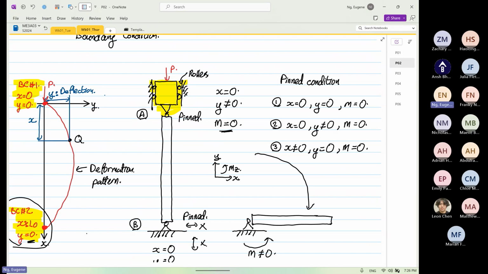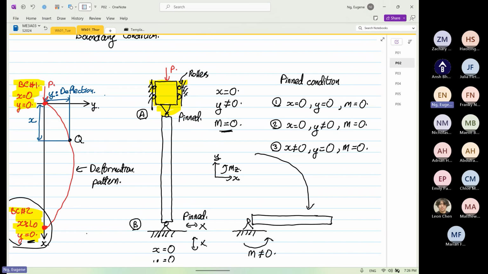So can someone tell me, how do you know it's a pin or not? I believe Julia has the answer already. So when do you define it's a pin?